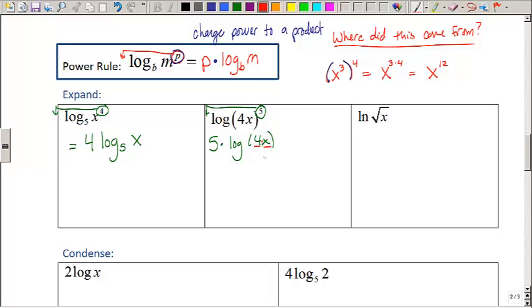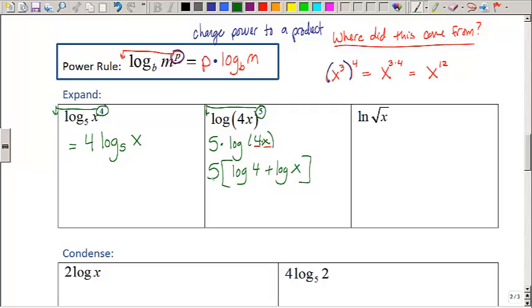So not only am I going to use the power rule, but I also have to include the product rule, which says log base 10 of 4 plus log base 10 of x. Because it's a product, I can change it to a sum of 2 logs.